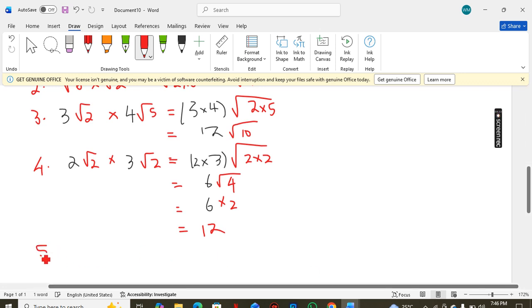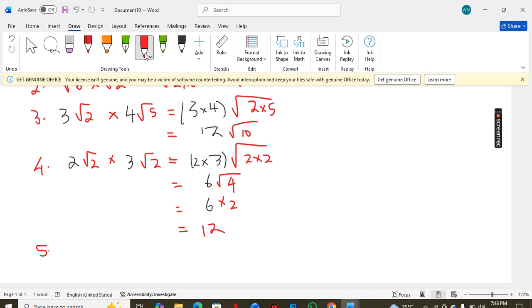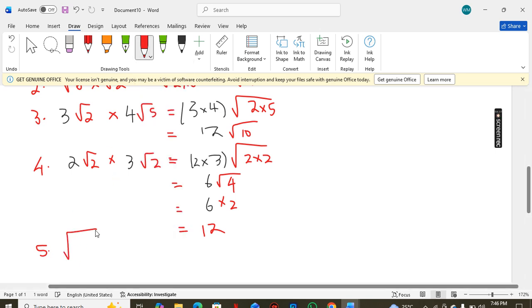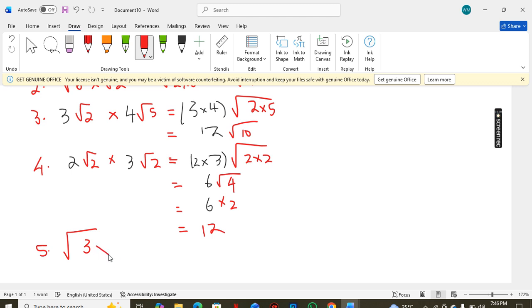Oh, just one more example for multiplication. If for example you have the root of 3 multiplied by the root of 3, okay, root of 3 times 3, which gives you the root of 9. 9 is a perfect square, so your answer is going to be 3.